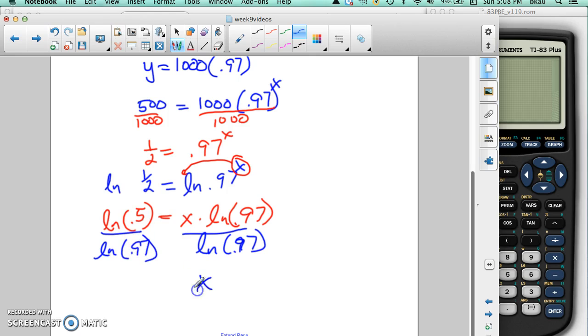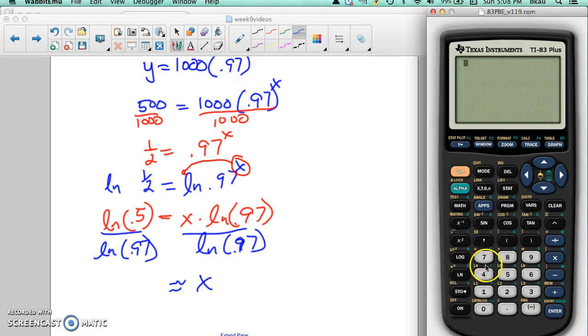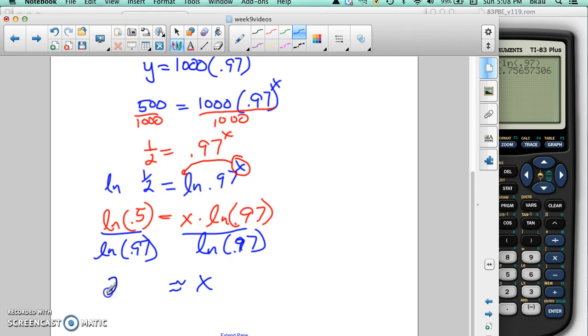So my answer for x is going to be approximately ln of 0.5 divided by ln of 0.97, which gives 22.76.